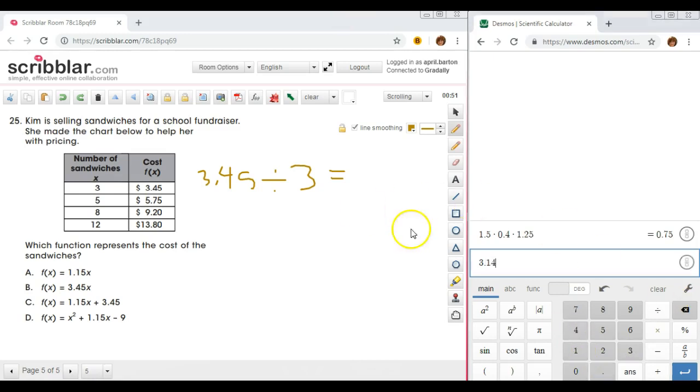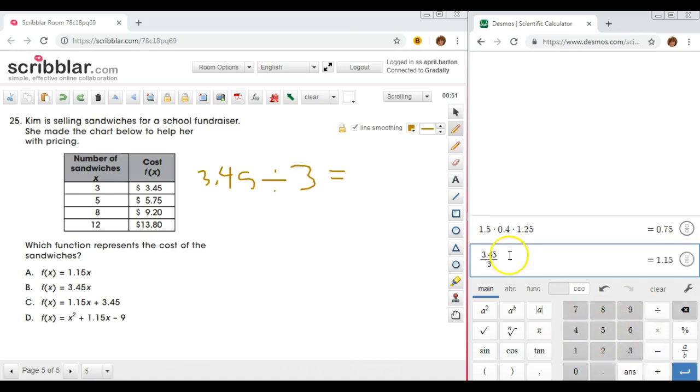Typing it in, if you make a mistake, just hit the back button. 345 divided by 3. Notice when you hit divide, it makes it a fraction, but that's still dividing it for you. Gives you 1.15. So that is the cost of one sandwich, and now I bet you can see that one of our answers has this 1.15.